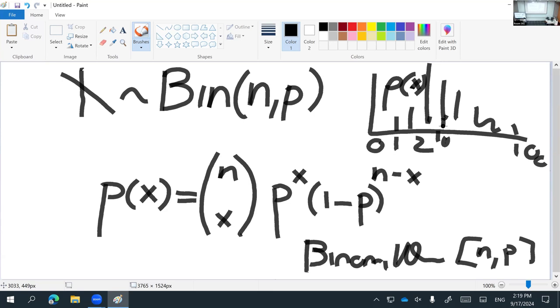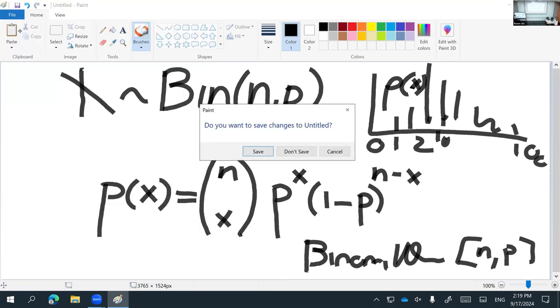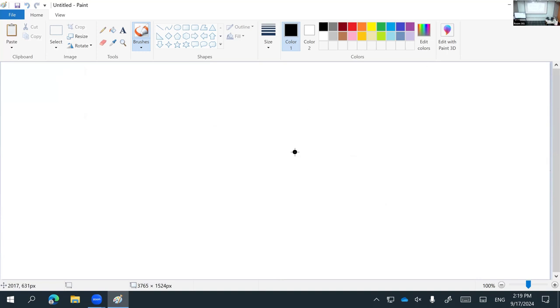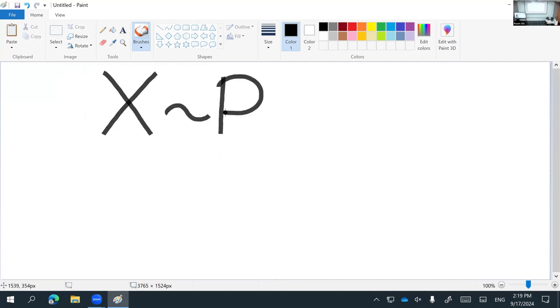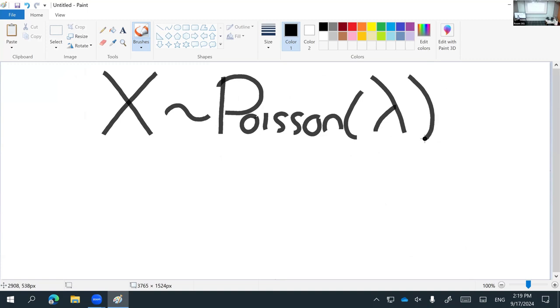This function, just watch my hand, instead of binomial, is named after a guy named Poisson. Again, because it's so useful, his name lives forever.